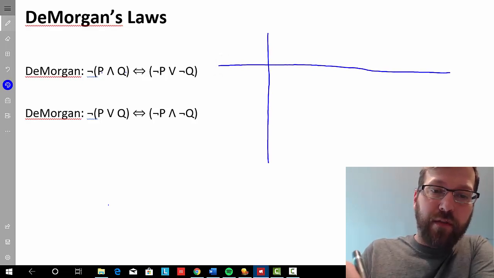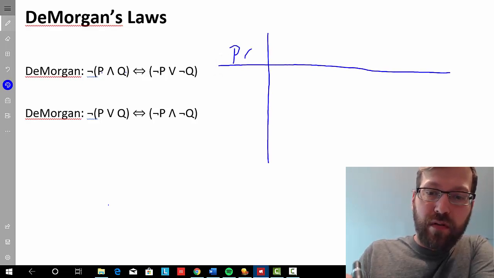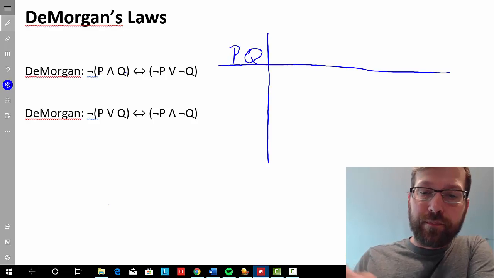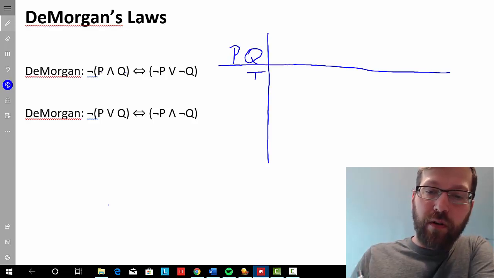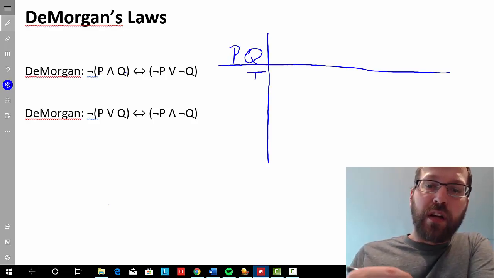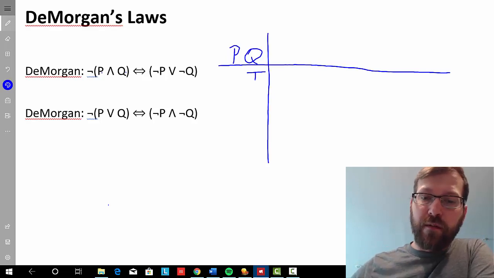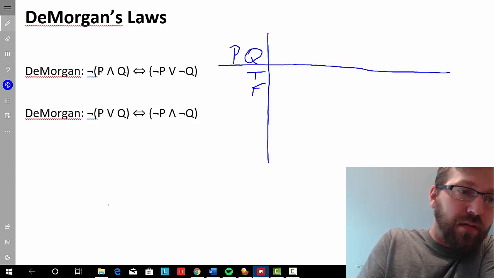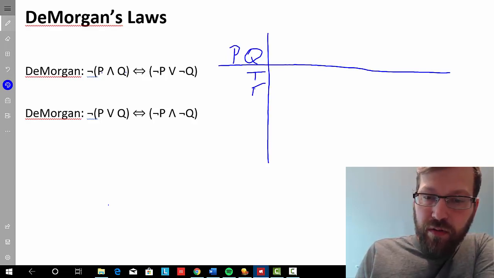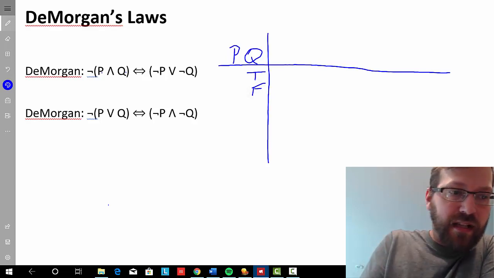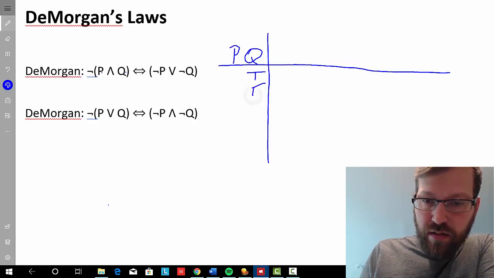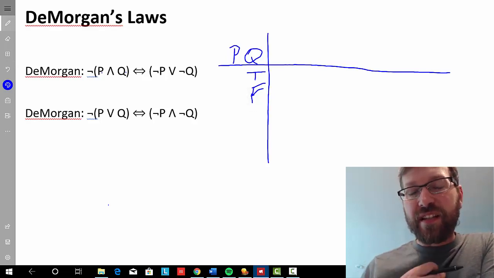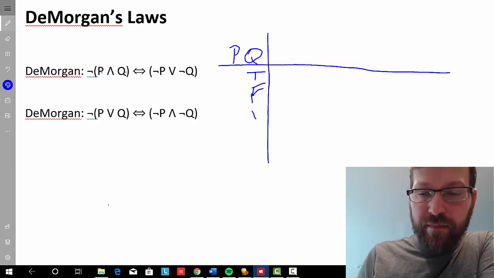So we have our reference column, which will include P and Q. We're going to have 4 rows then, because 2 to the second power is 4. Our first column always takes the true, false pattern.